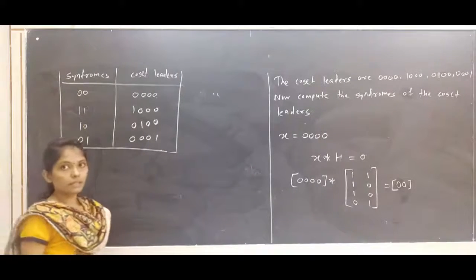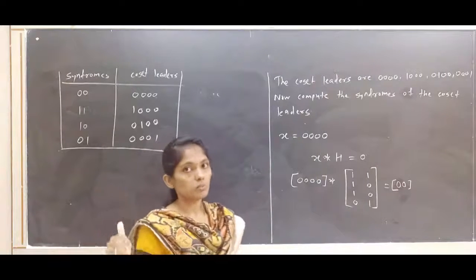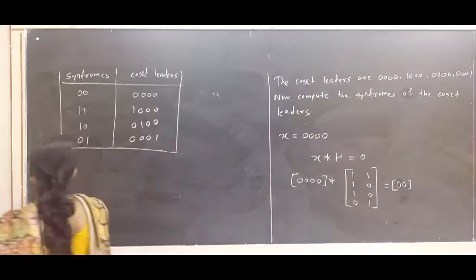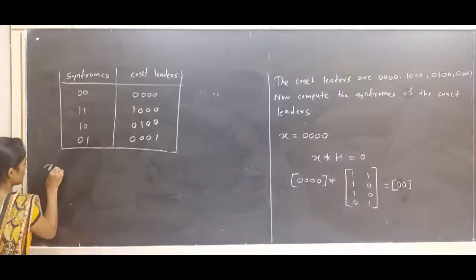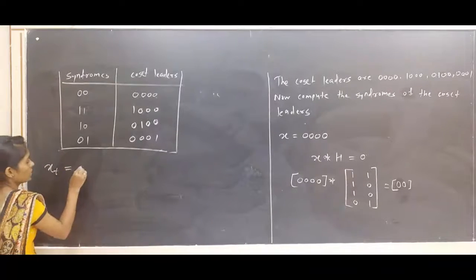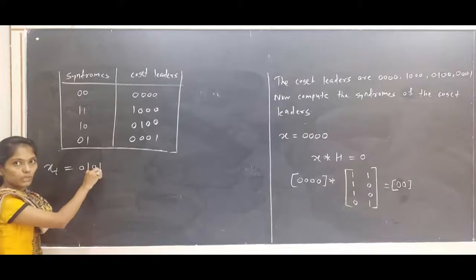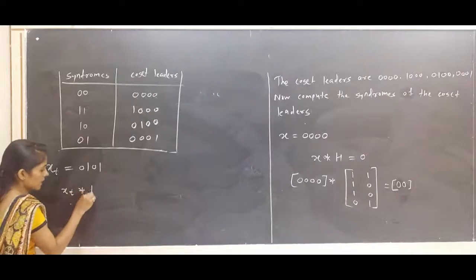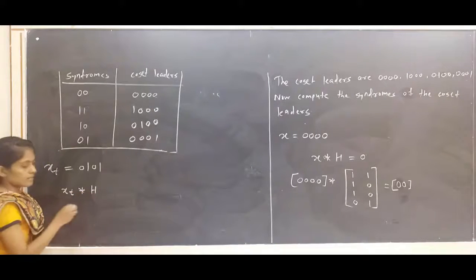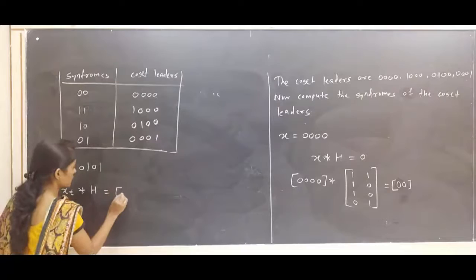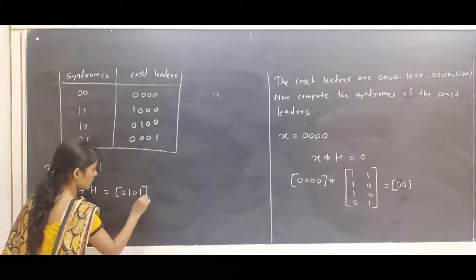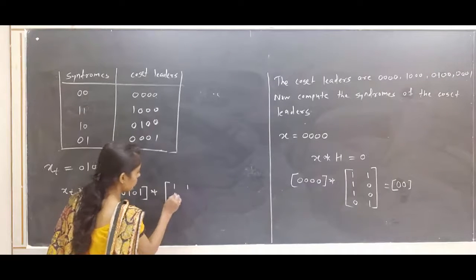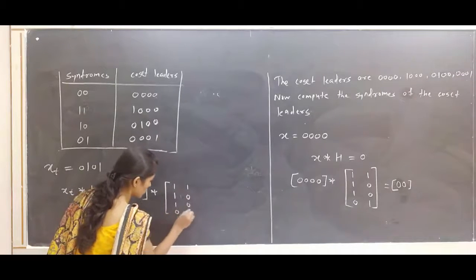Okay. Now by using this syndrome table we decode the given word. First of all, the received word xt is 0 1 0 1. Now we take xt star H. We want to find xt star H. So 0 1 0 1 star H, where H is 1 1 1 0 1 0 0 1.